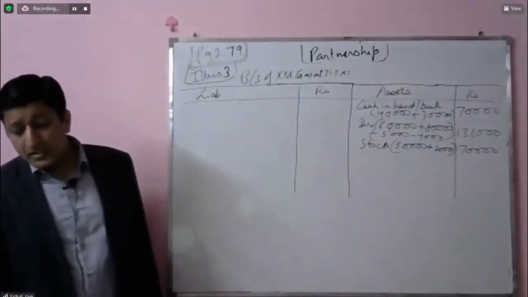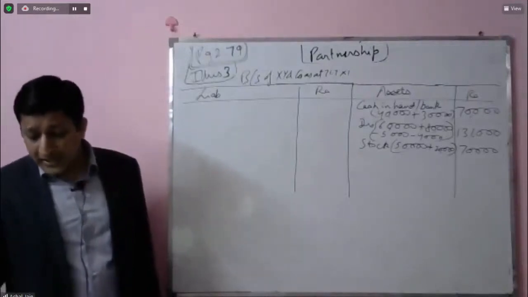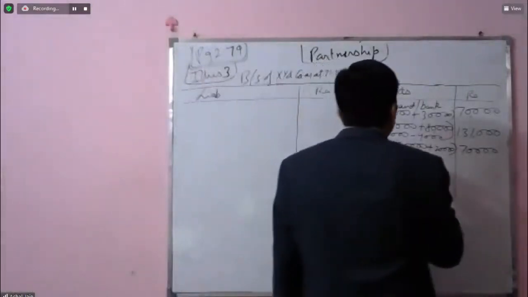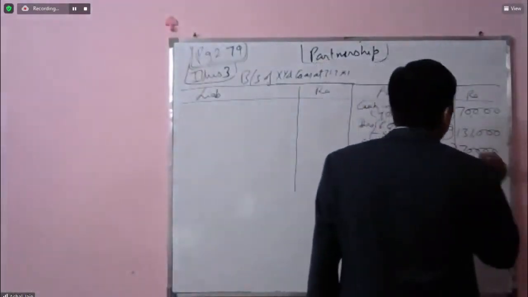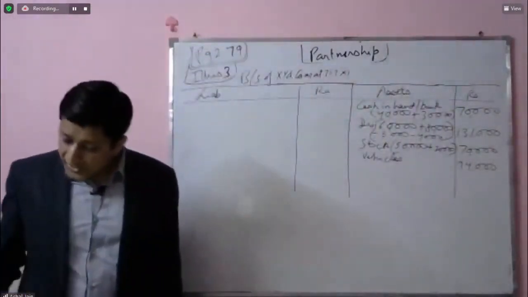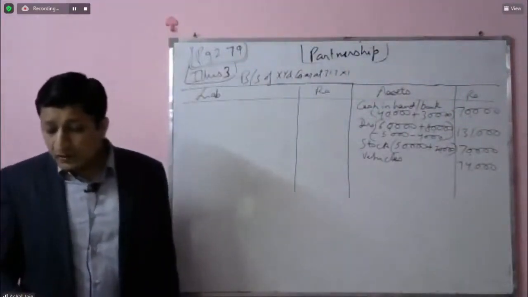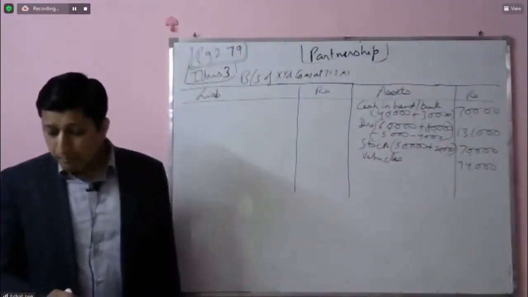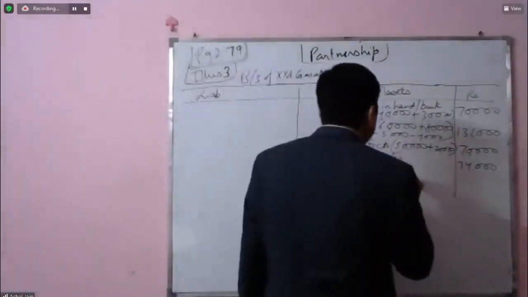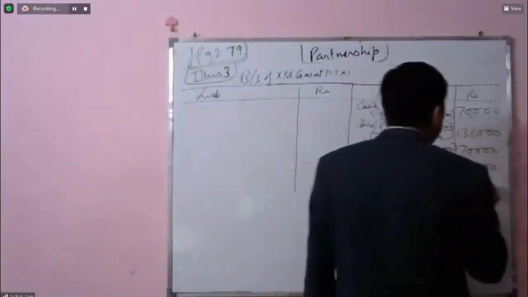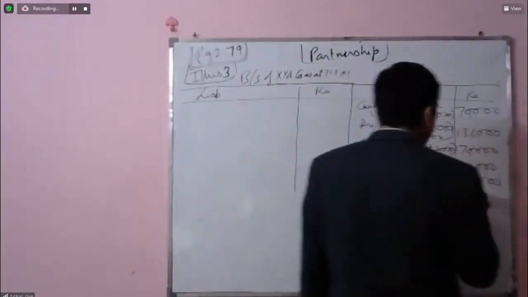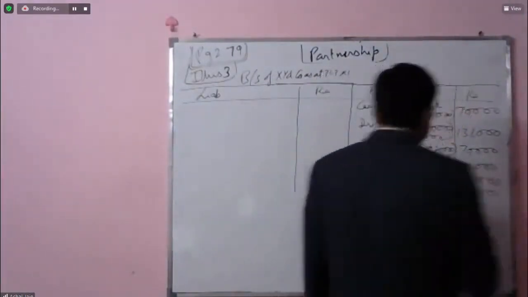On vehicles, the question says those are taken over at 74,000. It's the new firm, so it will come at 74,000. Correct? Machinery is taken over at 1 lakh. Building taken over at 2 lakh. Goodwill is not appearing over here.